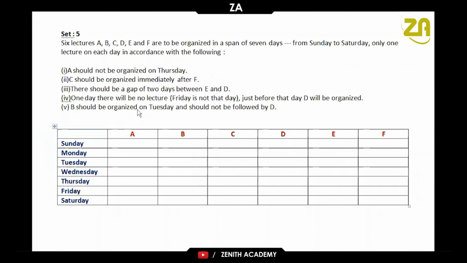Now take this new set. But now pause this video, first attempt it, and then see the explanation.